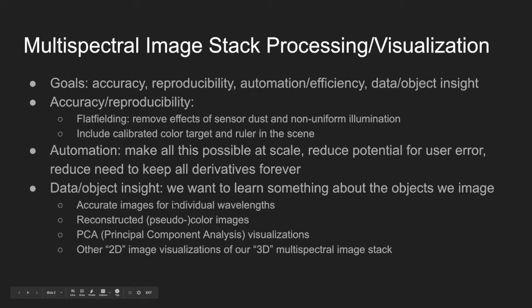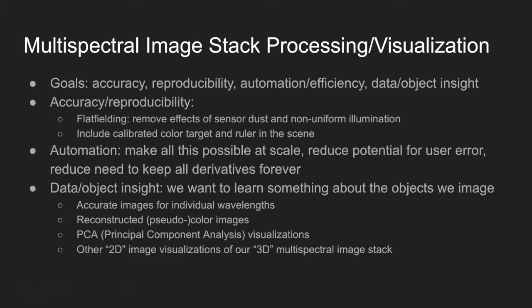So what am I talking about when I'm talking about different kinds of multispectral image stack processing and visualization and automating the processing and visualization? So the goals for automating are really just accuracy, reproducibility, automation and efficiency, and also the main thing really is data or object insight.